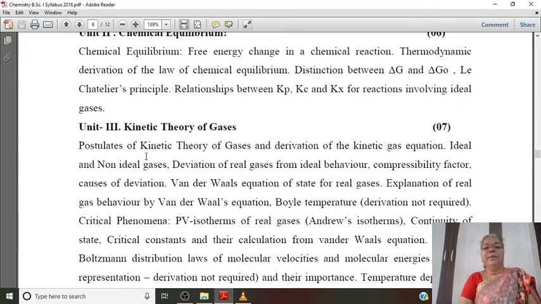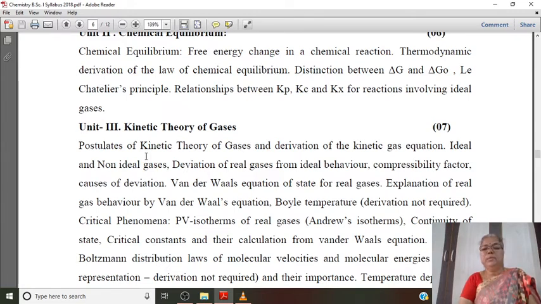Then what is the Boyle temperature? Then critical phenomenon, and pressure-volume isotherms of real gases, also called the Andrews isotherms for CO2 gas. Then continuity of state, critical constants and their calculation from the van der Waals equation.